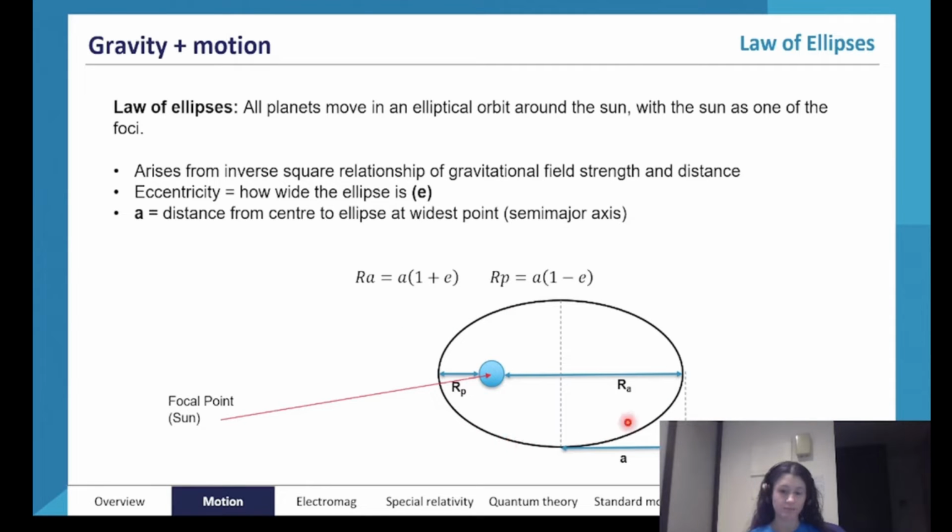Remember, an ellipse is kind of like an oval shape, and there are going to be two foci, one here and one here. So, as you can see, the sun is going to be one of the foci, and the planet is going to move in an orbit around it, with the sun as one of the foci.